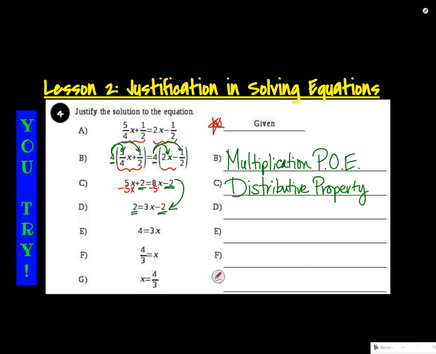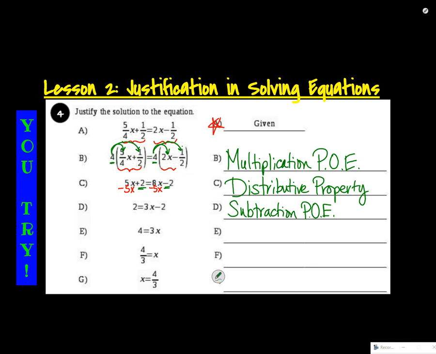So remember, negatives and minus kind of go together. So we're going to subtract 5x on both sides. So if I subtract 5x on both sides, that is the subtraction property of equality. All right. Let's see if we can figure out what happened next.